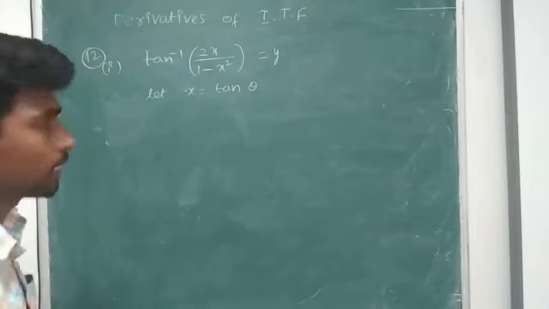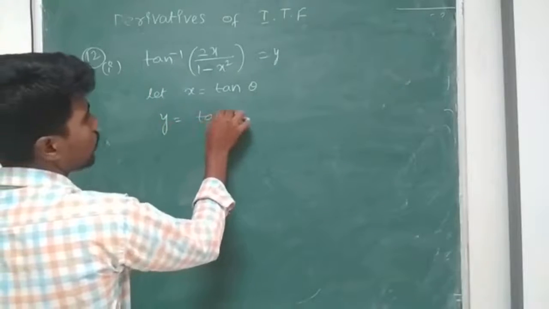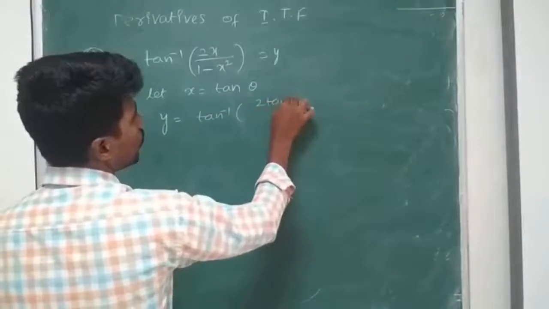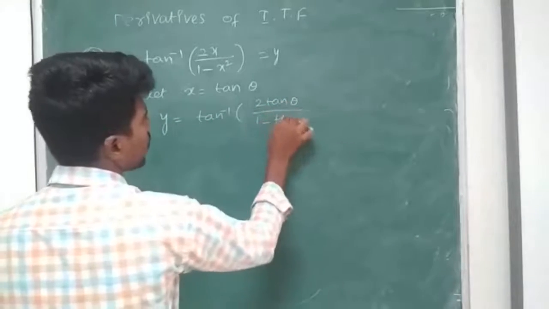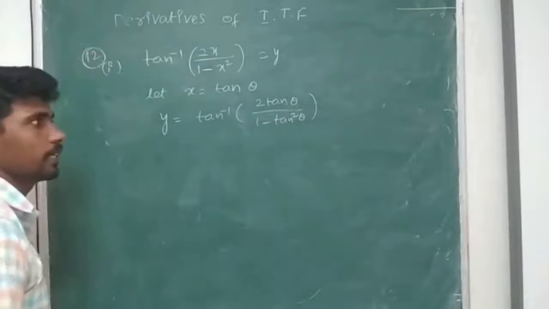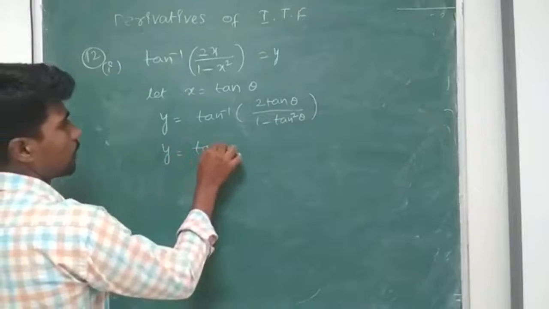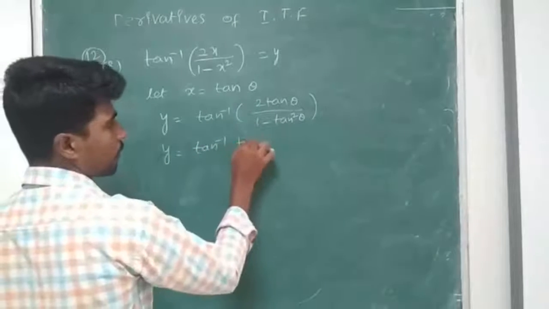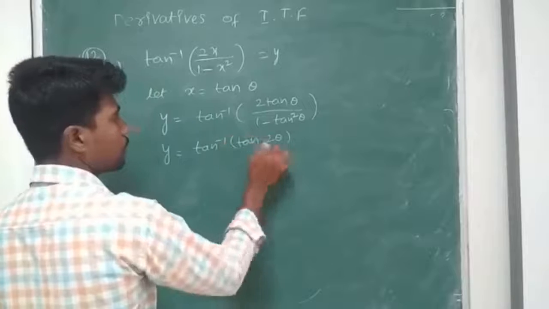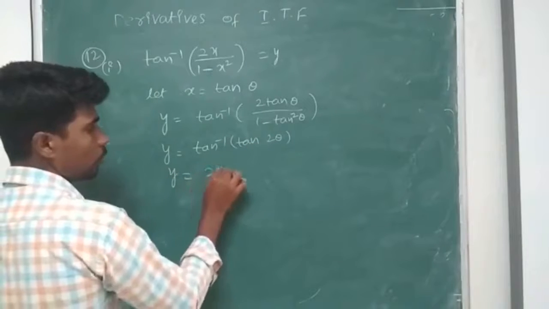So I use that. If I substitute that, I get y is equal to tan inverse of 2 tan theta by 1 minus tan square theta, so y is equal to tan inverse of tan 2 theta. So y is equal to 2 theta.